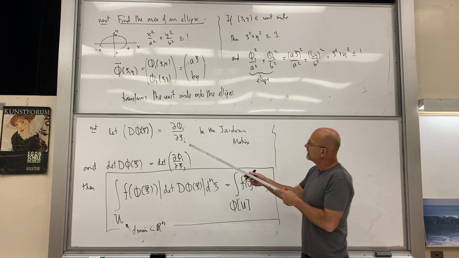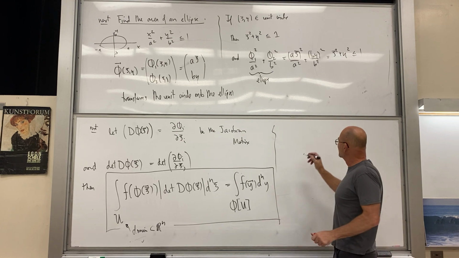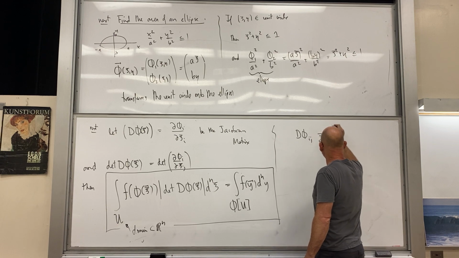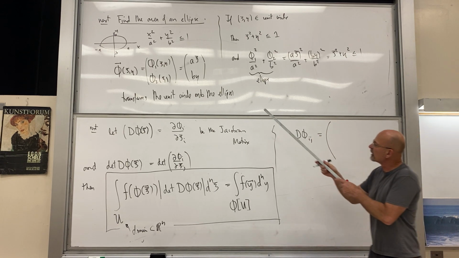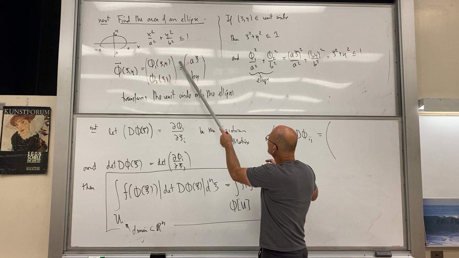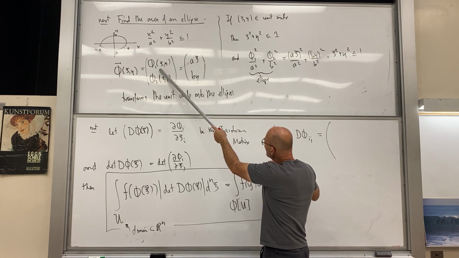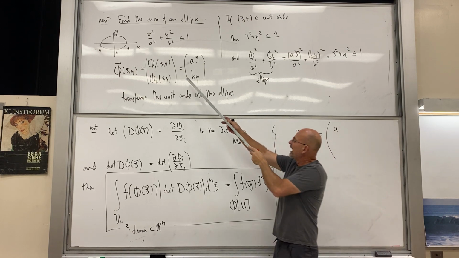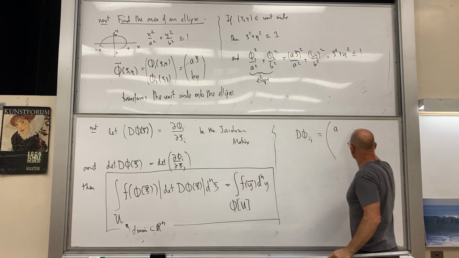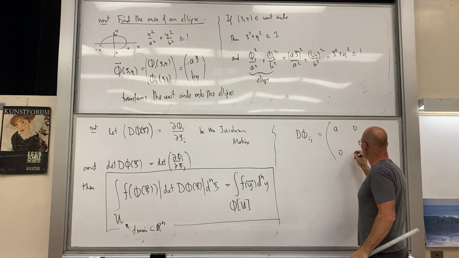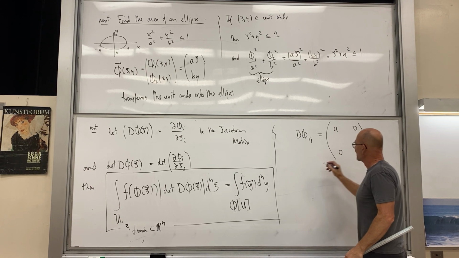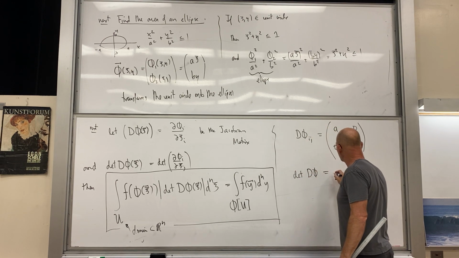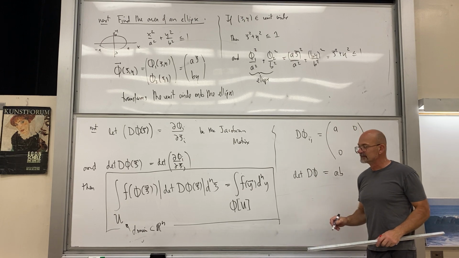We have the Jacobian matrix, let's call it D Phi ij. There's our transformation. D Phi1 d xi, the first variable, is just a. D Phi1 with respect to eta is 0. There's no explicit eta there. And second row we get 0 and b. And of course the determinant of this really is equal to a times b.